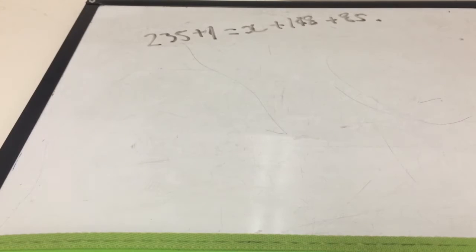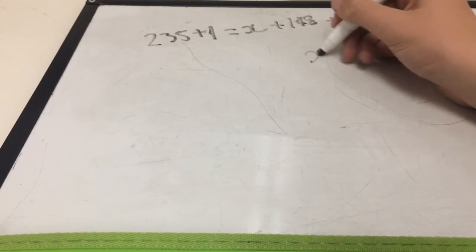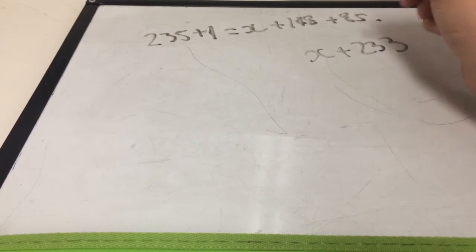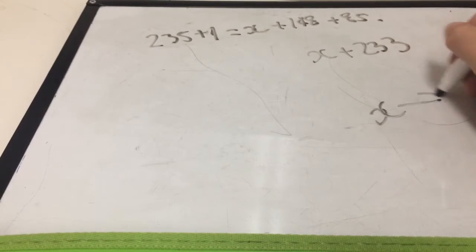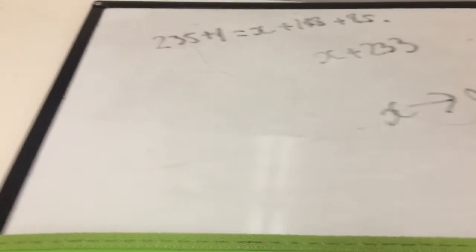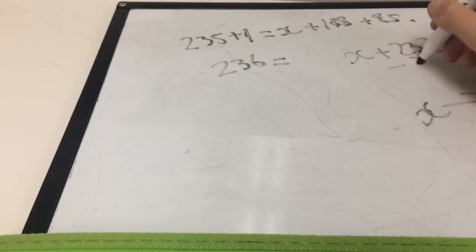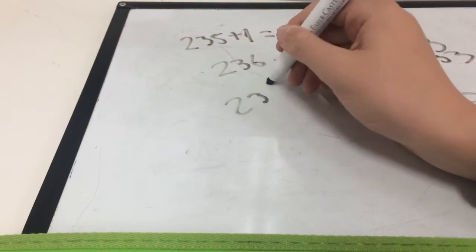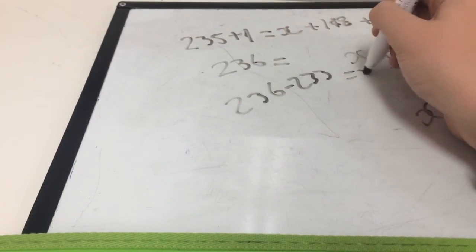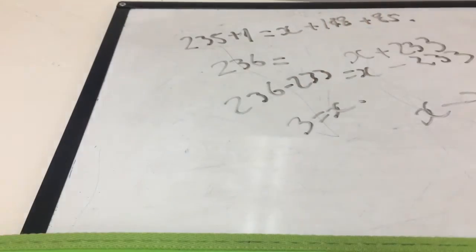So this is our equation. 148 plus 85 is 233. X is how many neutrons, which is essentially what we're trying to solve. 236 minus 233 gives us 3, so we've got 3 neutrons.